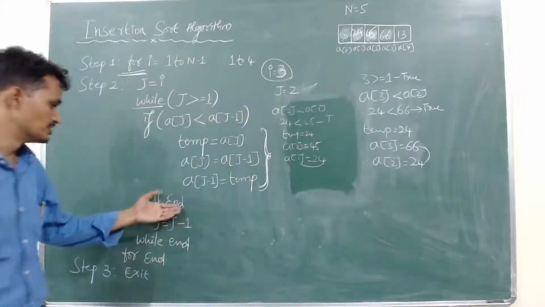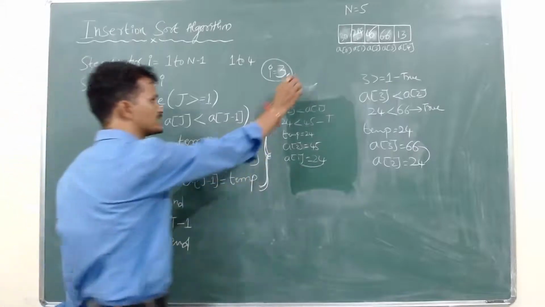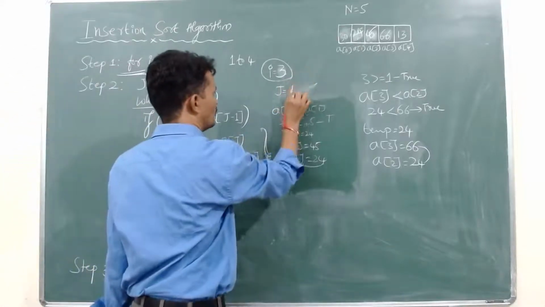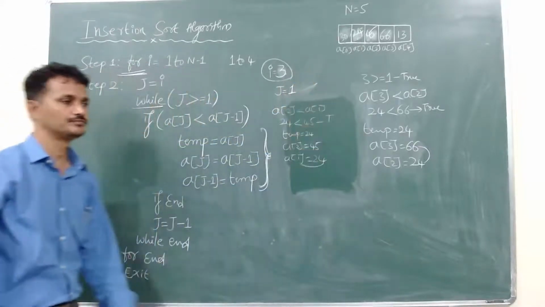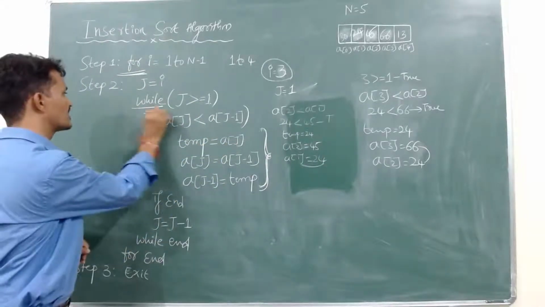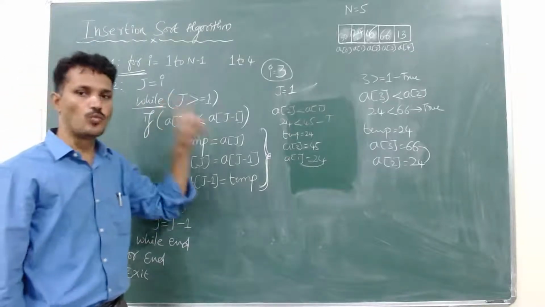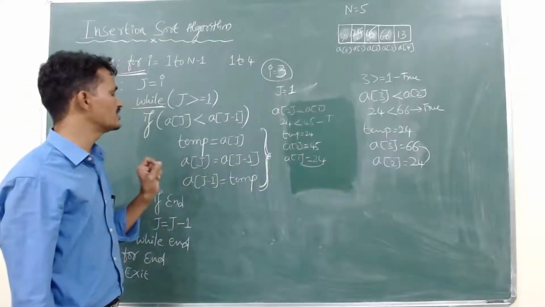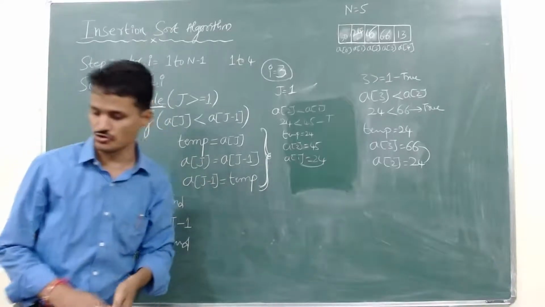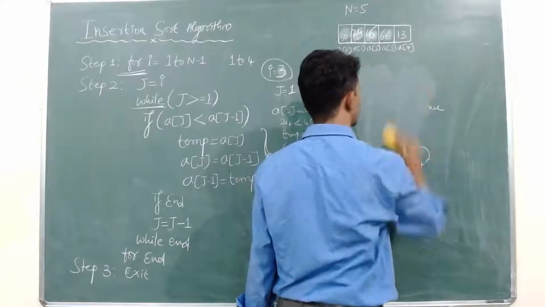Again, the if ends here, j is equal to j minus 1. 2 minus 1 is 1. So again it goes to the while loop to check the condition: while j is greater than or equal to 1. What is the value of j? 1. 1 is greater than or equal to 1. Yes, it is true. The condition is true because of the equal to sign.